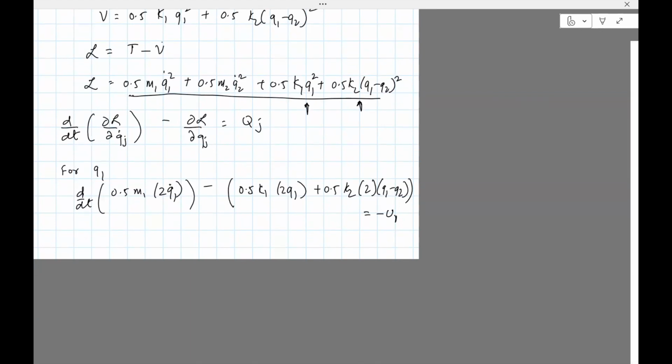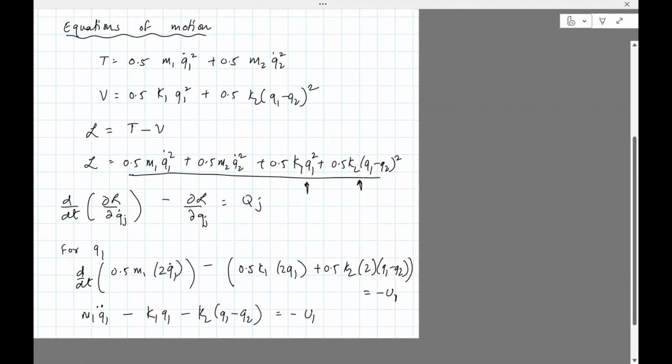So taking the second derivative of this, we have M1 Q1 double dot minus K1 Q1 minus K2 Q1 minus Q2, correct?